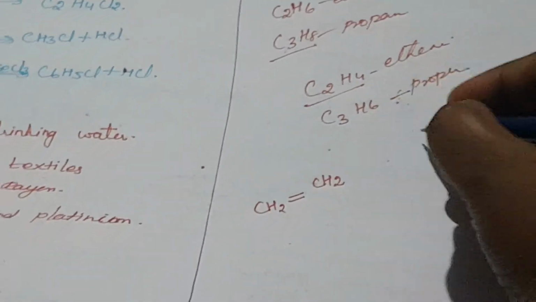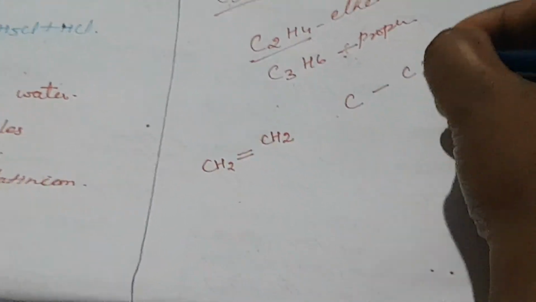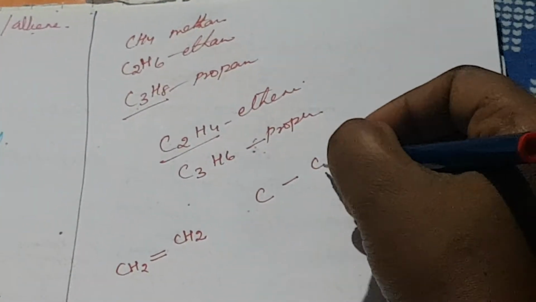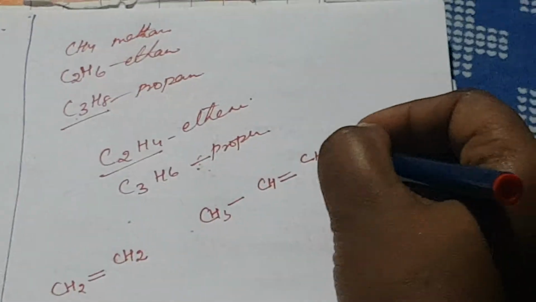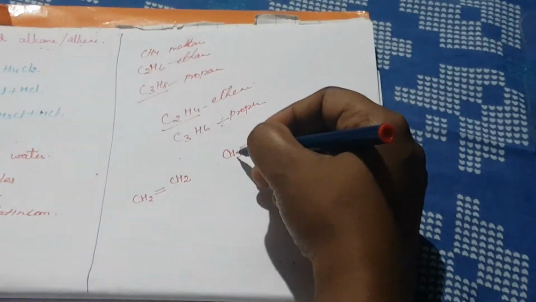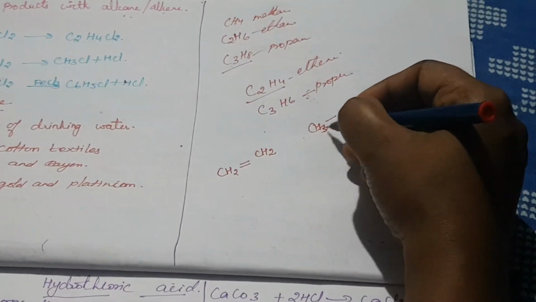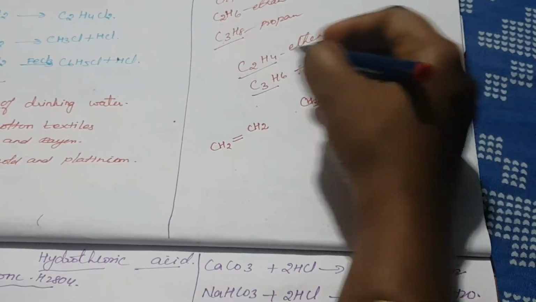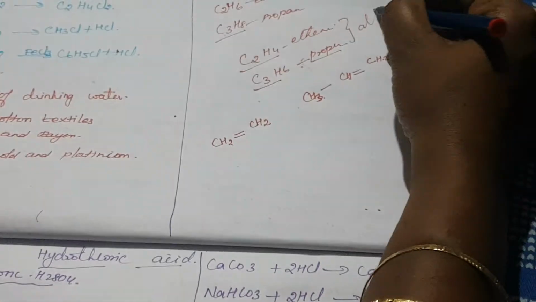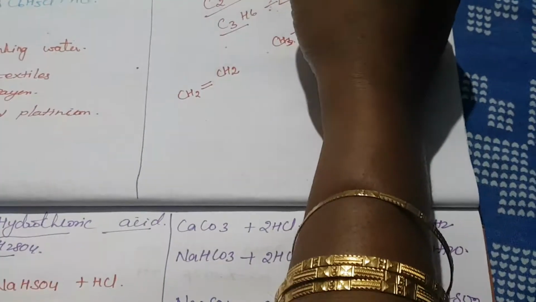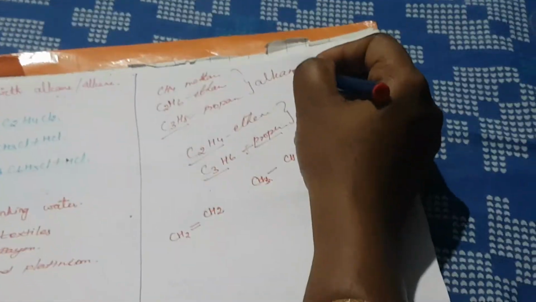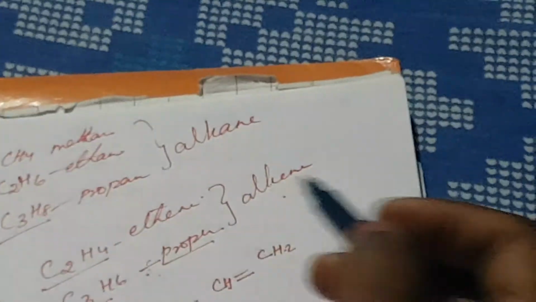Another one, C3H6, means CH3-CH=CH2, propene. These are called alkene compounds. These are called alkane compounds. These are called alkane compounds. These are called alkene compounds.